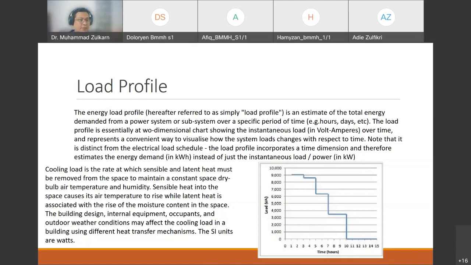This reflects the cooling load in refrigeration or an HVAC system. Cooling load is the rate at which sensible and latent heat must be removed from the space to maintain constant space dry bulb air temperature and humidity.